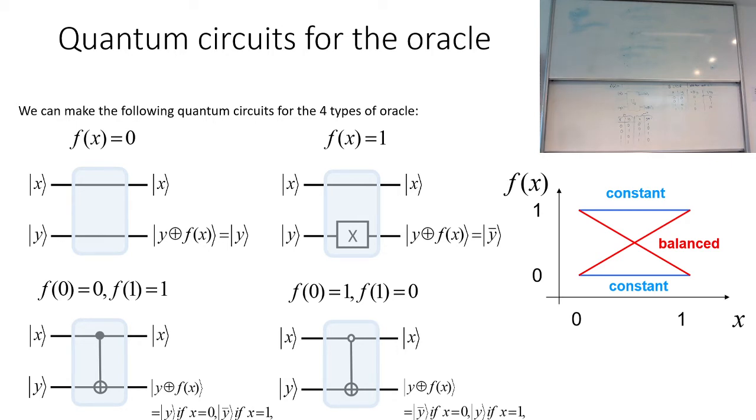For this particular function fx1, the output is always the flipped version of y. So 0 becomes 1, 1 becomes 0, and that's why I drew this X gate here, because the X gate is the thing that flips it.